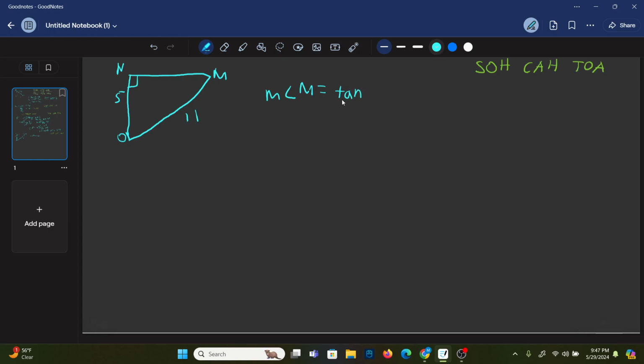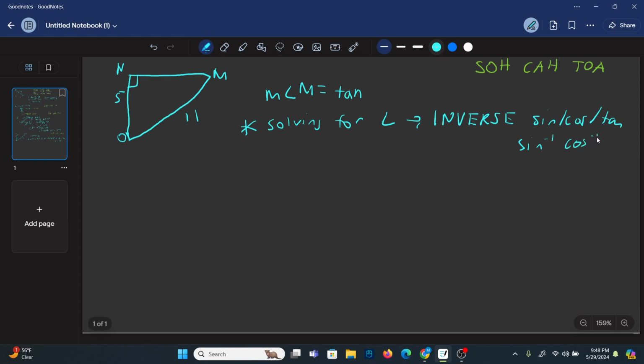And if we want to know angle measures, so we're solving for an angle, we would use inverse sine, cos, or tangent. And on the calculator, it looks like sine -1, cos -1, or tan -1.